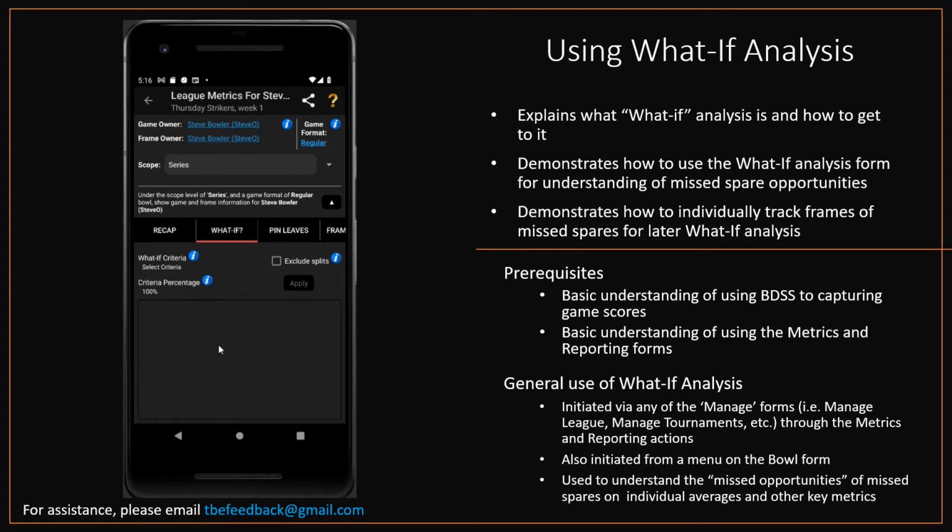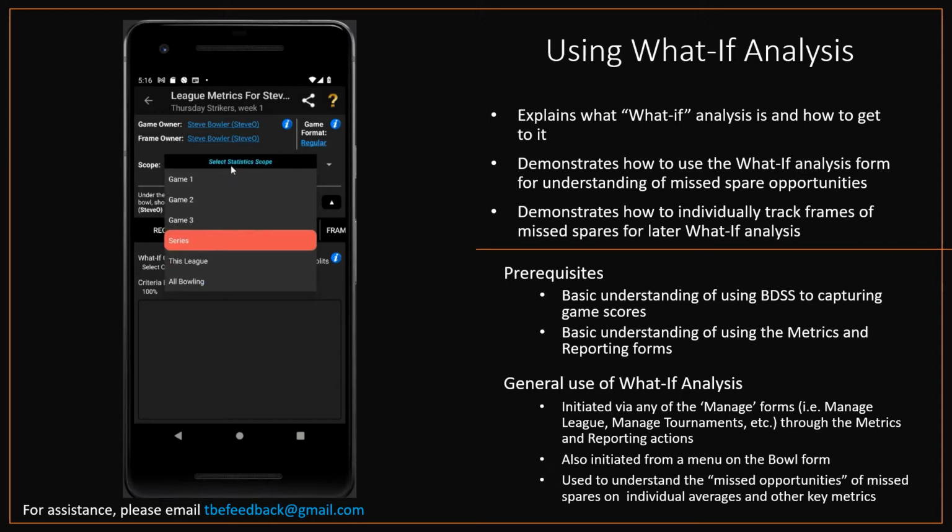Like other forms on metrics and reporting, What-If Analysis uses the selected game owner, frame owner, game format, and scope as its initial filtering. You will see What-If Analysis performs analysis on both game and frame metrics. All game metrics are related to the game owner, while frame metrics relate to the frame owner.